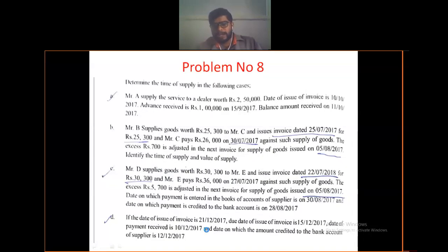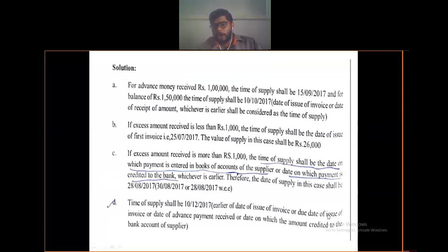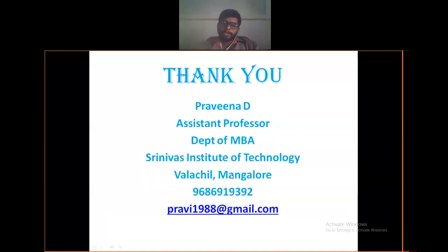Because the earlier of the date of issue of invoice, due date of issue of invoice, date of advance payment received or date on which amount is credited to bank account is considered as the time of supply, that is 10th December 2017. The date of payment received, 10th December 2017, is considered as the time of supply. So that's it. This is the problem relating to time of supply.